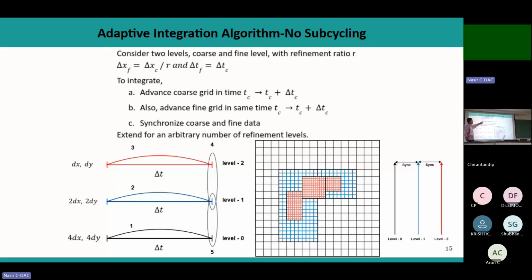Now we can integrate both levels, coarse level and fine level, for the same time step. Here I take the same time step for the coarse and fine. But I don't understand that. From the stability condition, I think you're becoming over stable, because you're not increasing the time step twice.